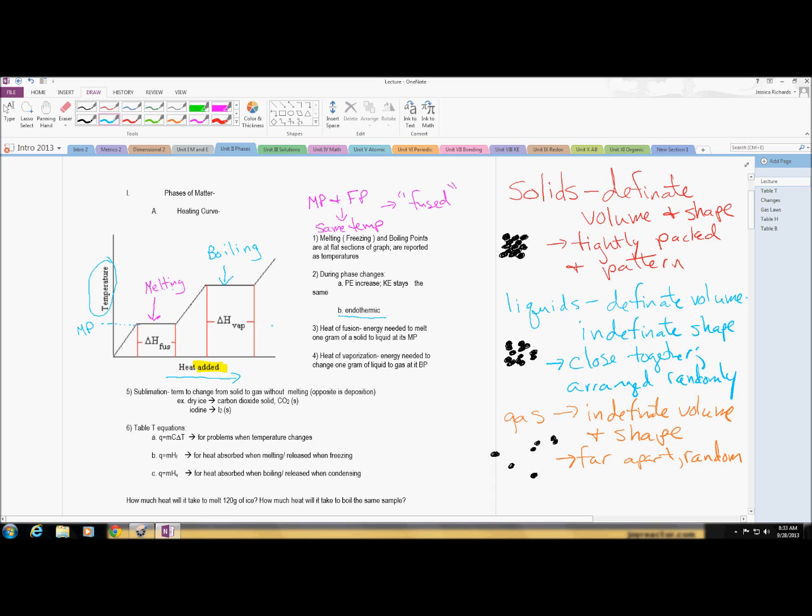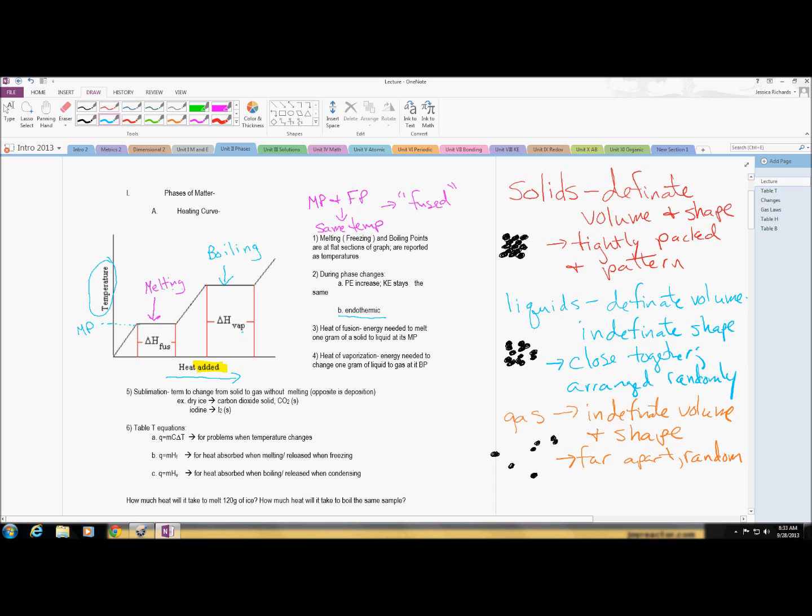There's a direct relationship between how hard those particles are hitting the surface, which we call the vapor pressure, and how hard the air is pushing down on the surface, that's the atmospheric pressure. A direct relationship means if we increase one, we increase the other.